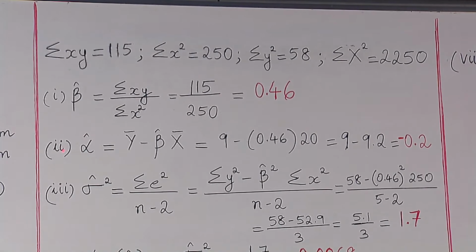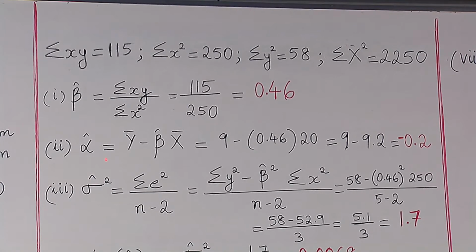Now, let us come to the next coefficient, alpha hat. We already know the formula, alpha hat is nothing but y bar minus beta hat x bar. As computed earlier, the value of y bar in this specific case is 9 minus beta hat is 0.46 and again x bar is 20.